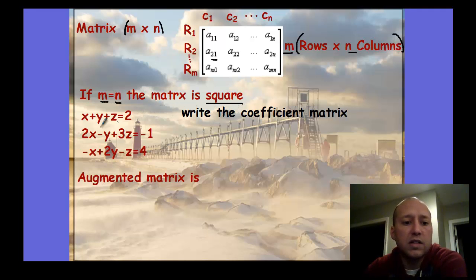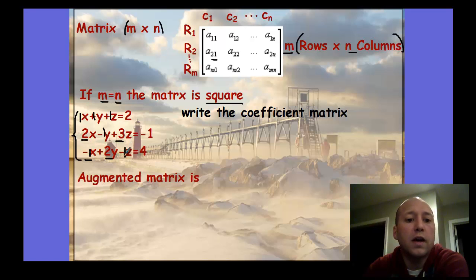And we can take a system here. So this system here, we can write a coefficient matrix, which is a square matrix. And so to do that, we look at the coefficients of our variables. We have a 1x, 1y, 1z, 2x, negative 1y, 3z, negative 1x, 2y, and then negative 1z.